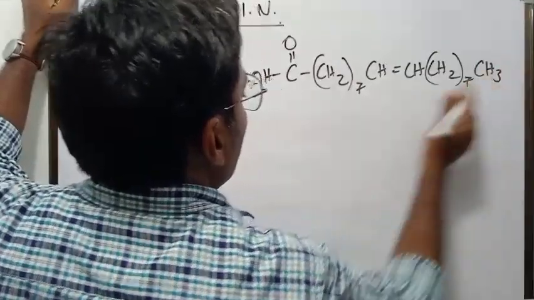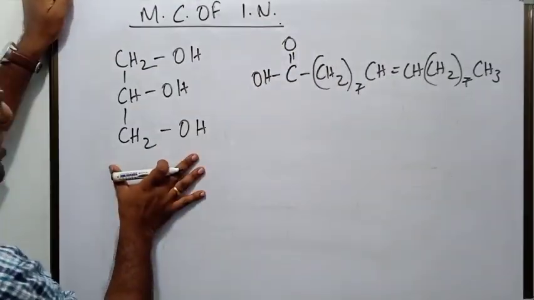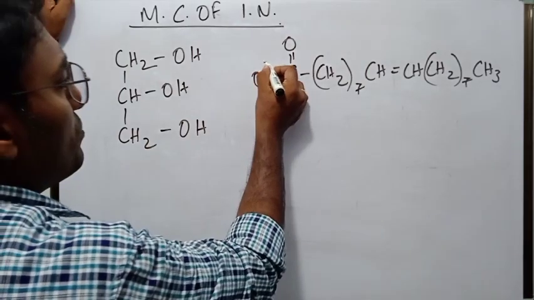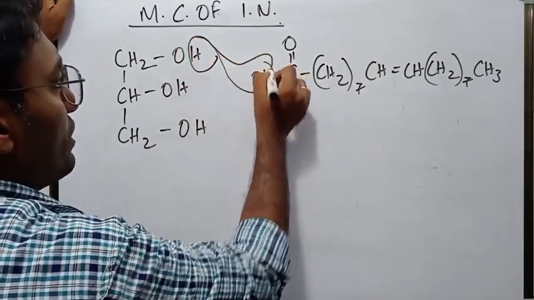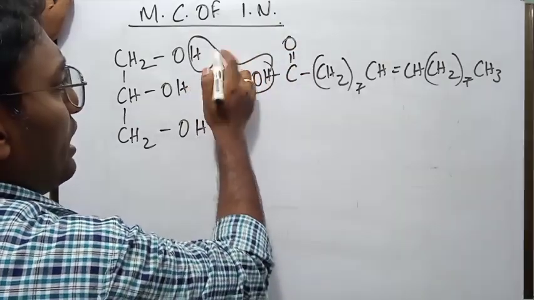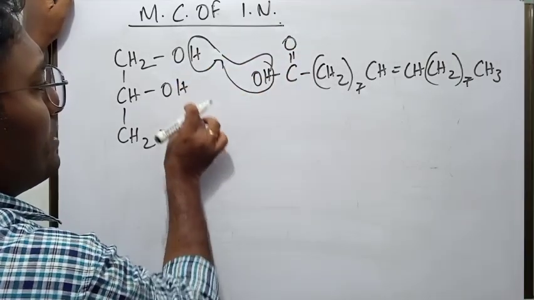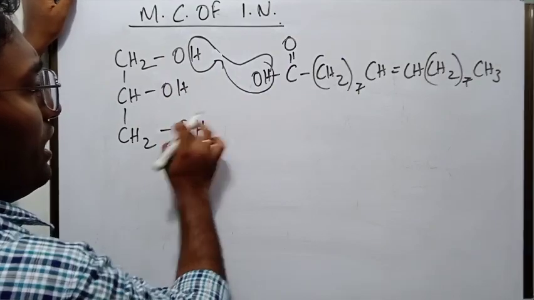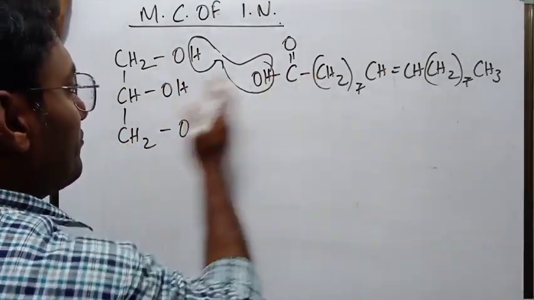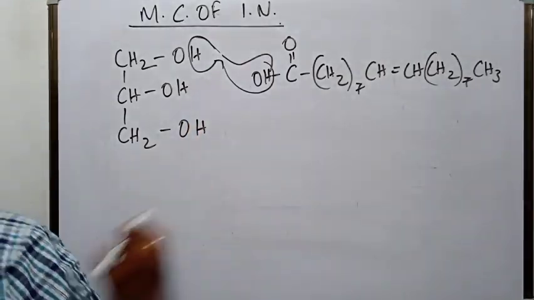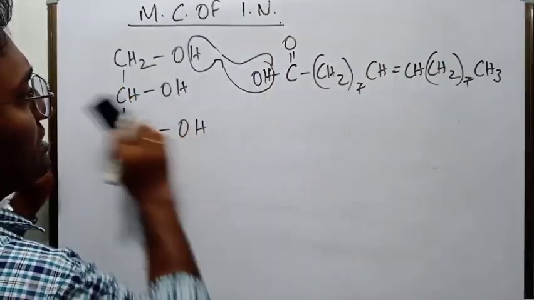So this is oleic acid, this is glycerol. What I am going to do is remove H2O from each, and pair it. So I will get glyceryl trioleate if I pair it. So I will draw now the combined structure.